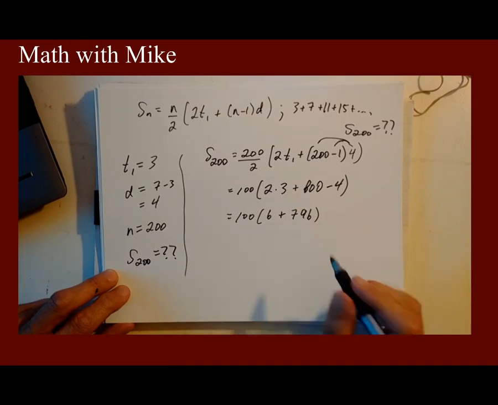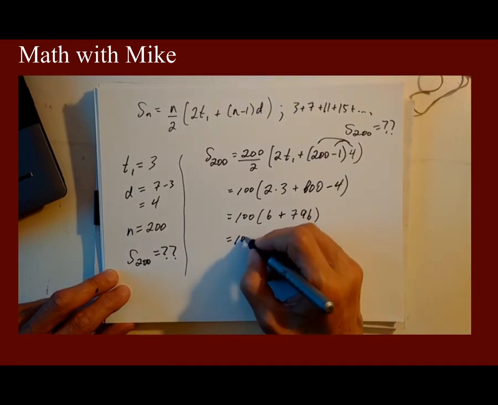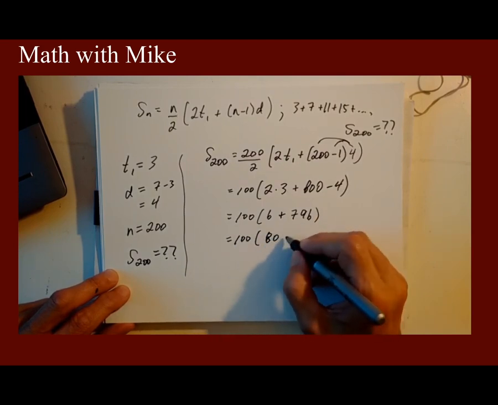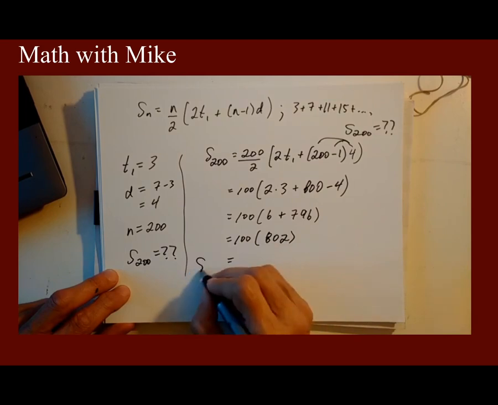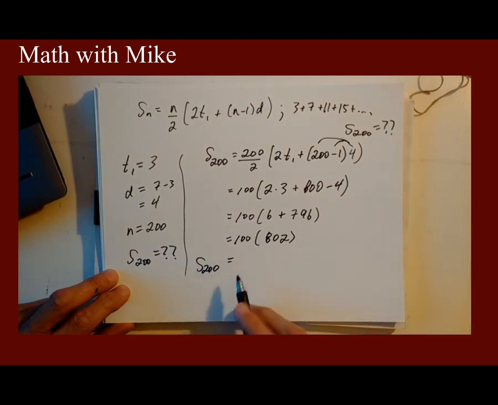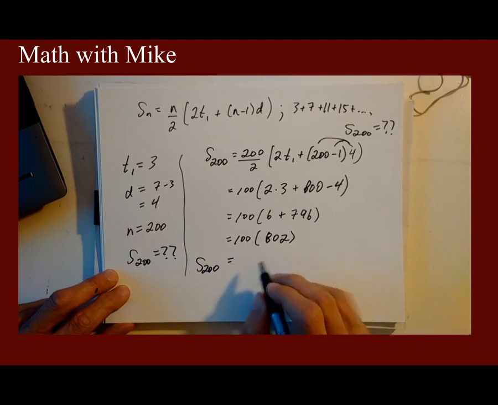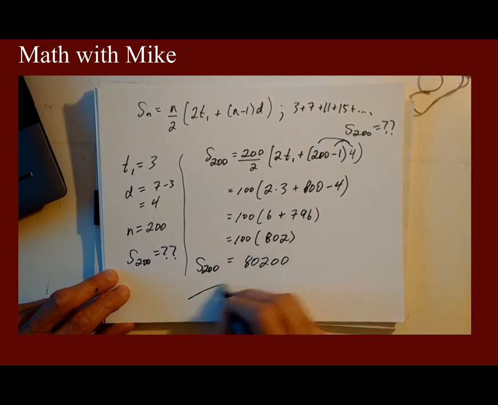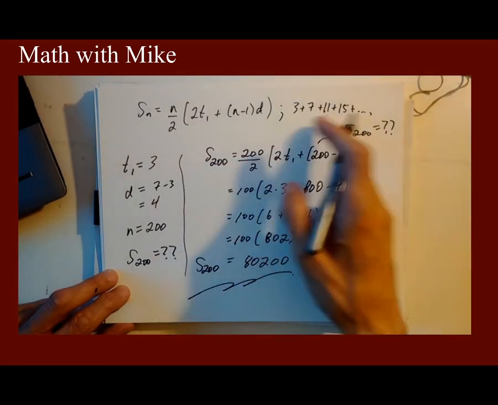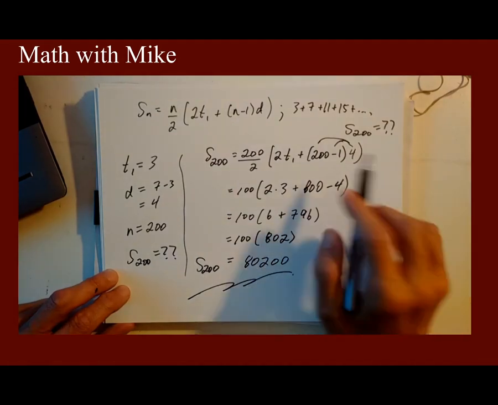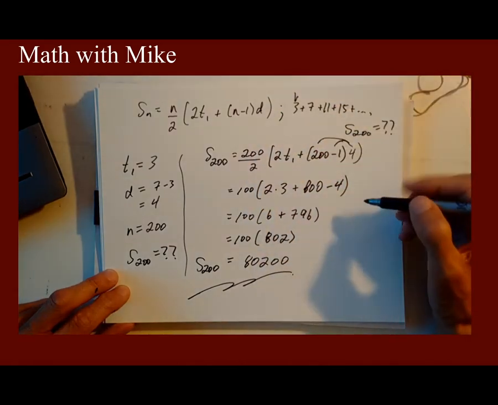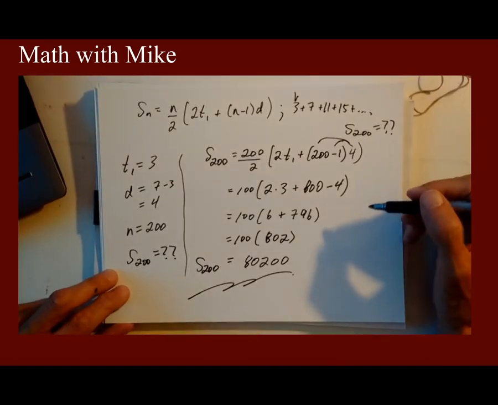We add these together and we get 100 times 802. Now remember, the nice thing about multiplying by hundreds is just put some zeros on. So it's going to be 802 with 2 extra zeros. And that, good people, is the sum of the first 200 terms of this arithmetic series, starting at the value of 3 with a common difference of 4.